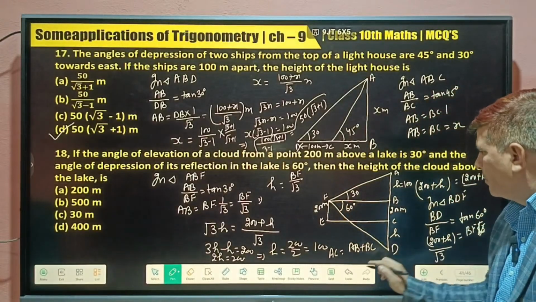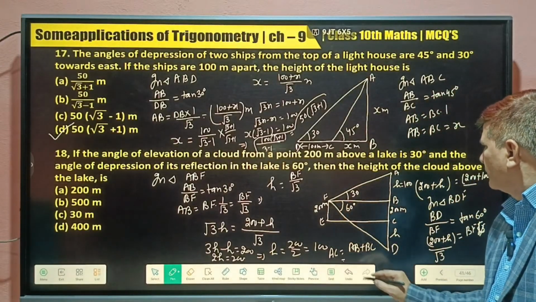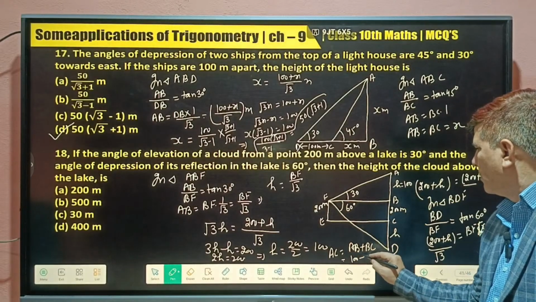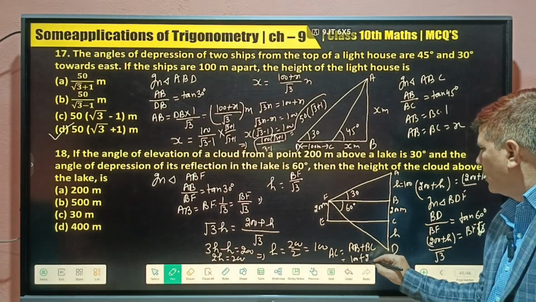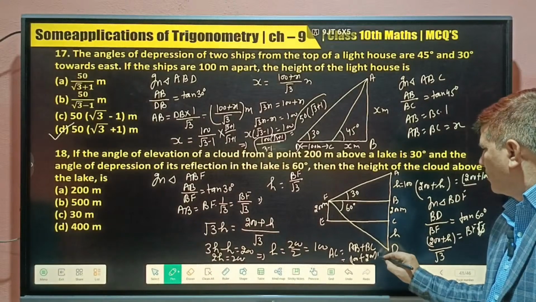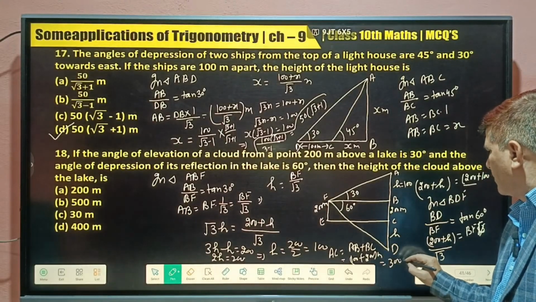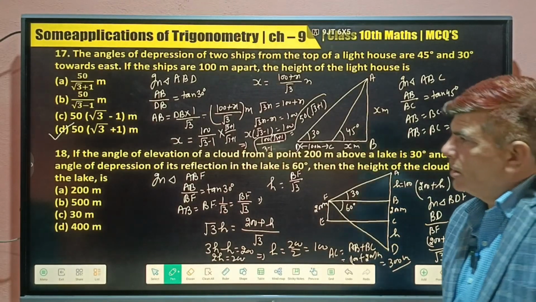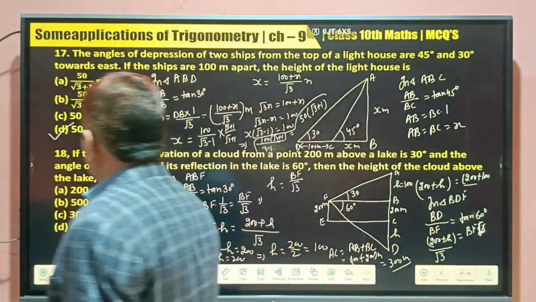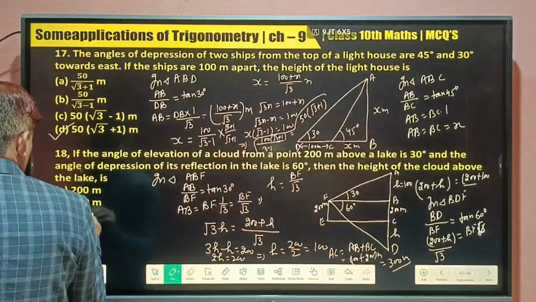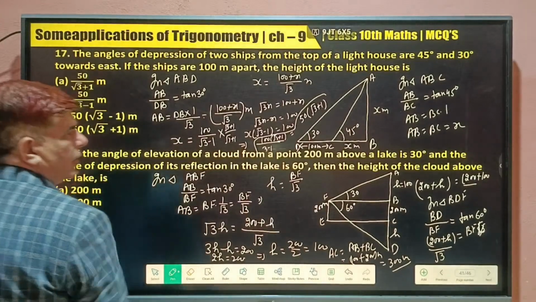What's your AB? 100 plus 200. How much? 300 meters. So what's the answer? C is its answer.